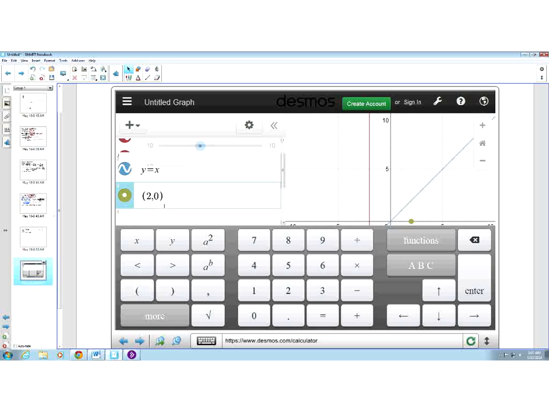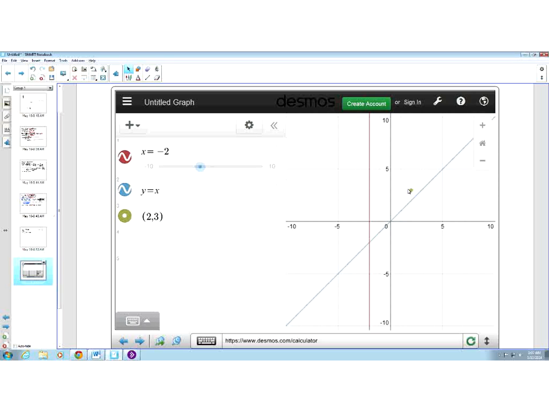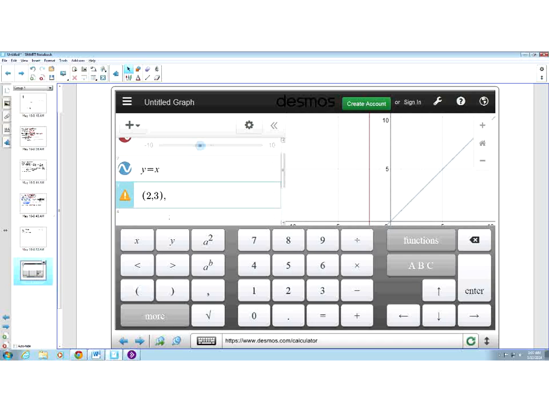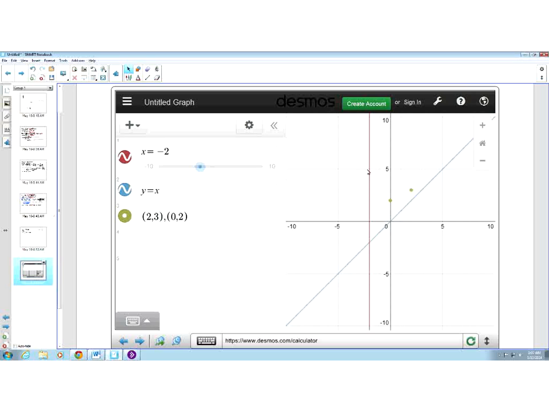I beg your pardon. The hole we calculated was 2, 3. So here is our hole. We had no x-intercepts, and we had a y-intercept at 0, 2. So there's our y-intercept and our hole.